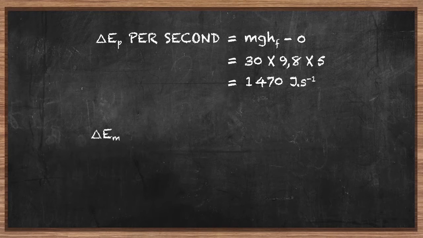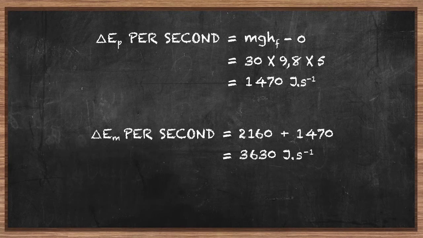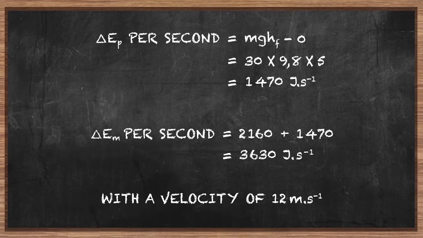The change in mechanical energy per second is 3,630 joules per second. This represents the work done per second on the water to raise it to the surface with a velocity of 12 meters per second.